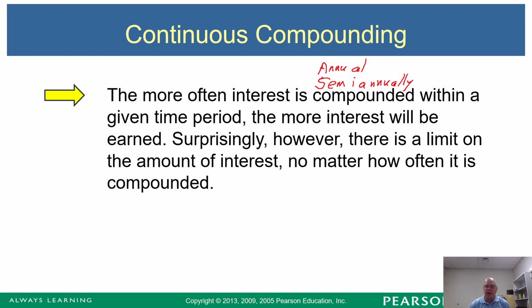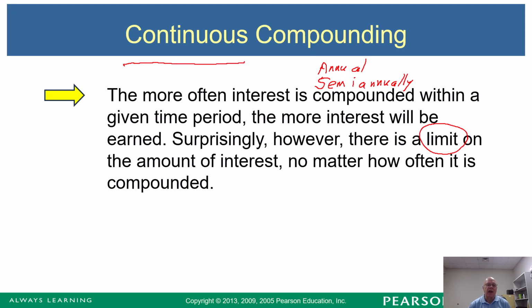If we compound it monthly, it's a little bit more. If we compound it daily, it's more. However, there is a limit. Compounding more often gives us more money. But it only gives us more money up to a point. And that point involves continuous compounding.